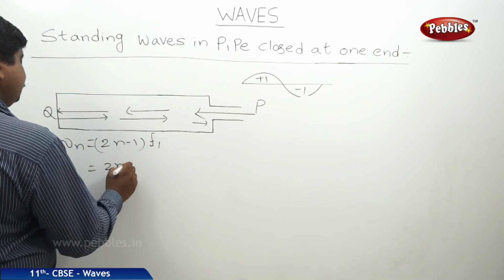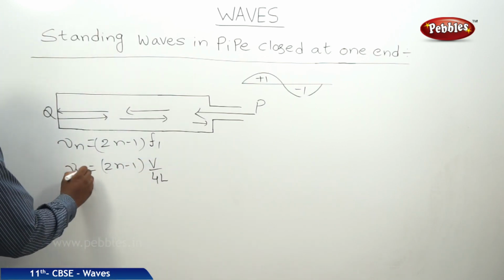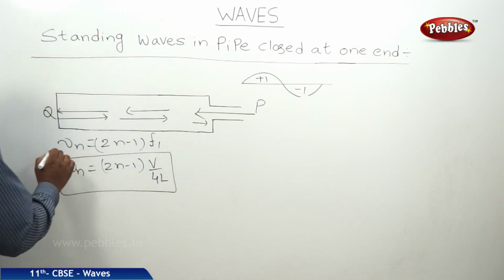Therefore we can write 2n minus 1 into V by 4L. This is the equation of the nth frequency.